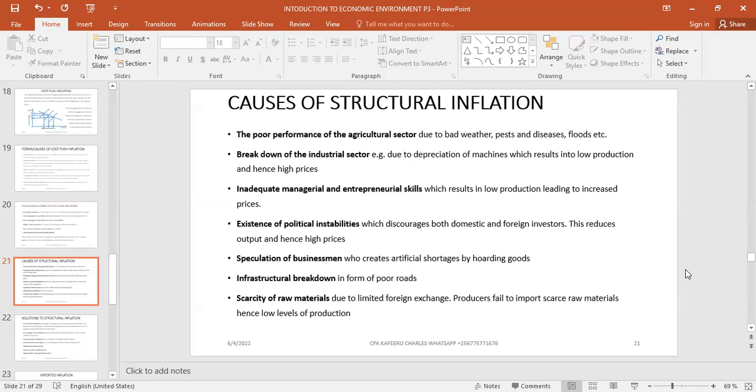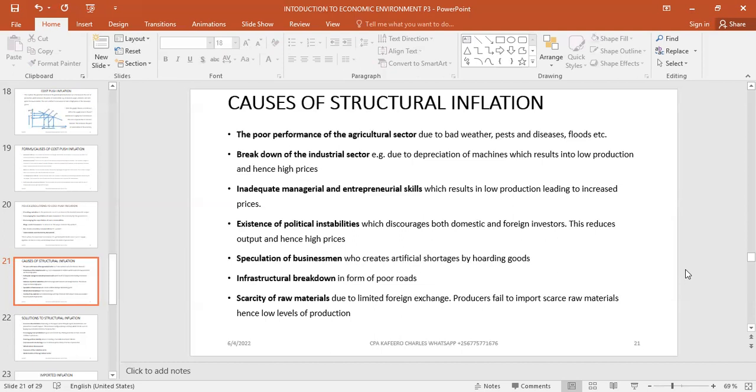The other one we can talk about is the existence of political instabilities. When there are instabilities or insecurity in the country, that discourages investors, both domestic and foreign, because you cannot be investing in a country which has civil conflicts and other insecurities that can make you go into losses if you put in your money.